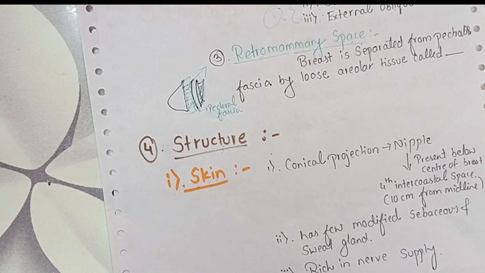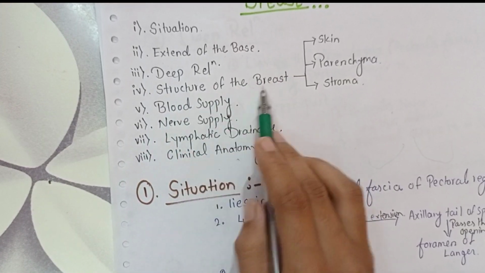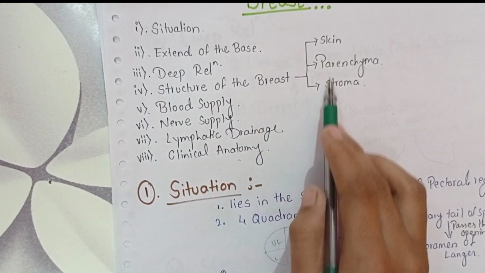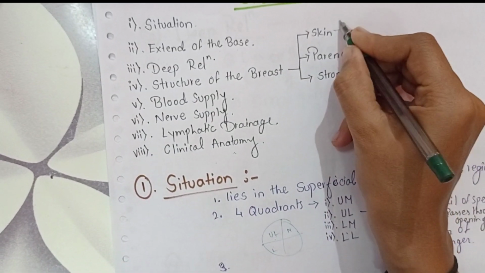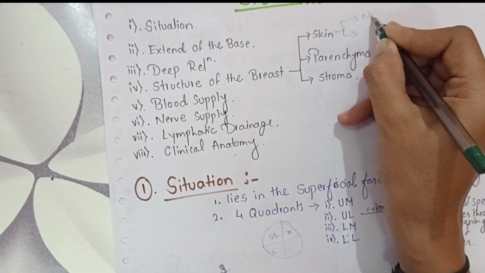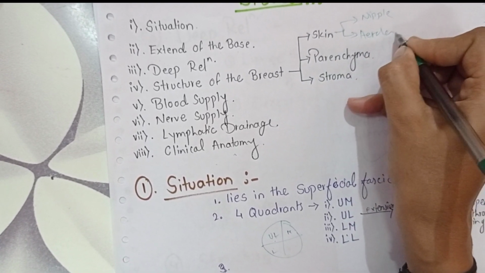We have covered the 4 major headings of the breast. In the structure of the breast, the subheadings will be skin, parenchyma and stroma. In skin, we have to write 2 points, that is about the nipple and about the areola.